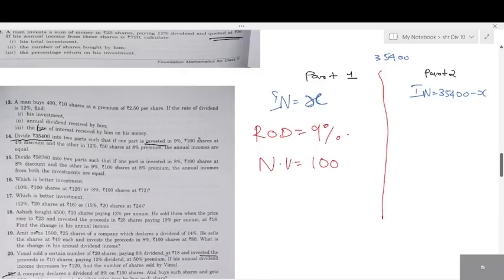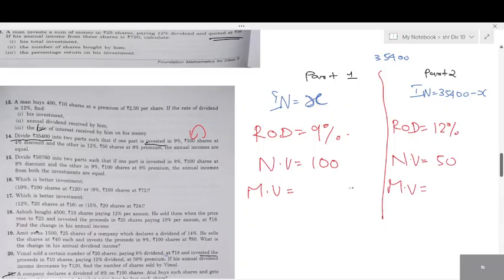Whichever comes before share, that is nominal value. At 4% discount. What do you mean by discount? Add or subtract? Okay, that is the first part. Second part, tell me, second part is 12%. Nominal value is 50. Premium is add or subtract?